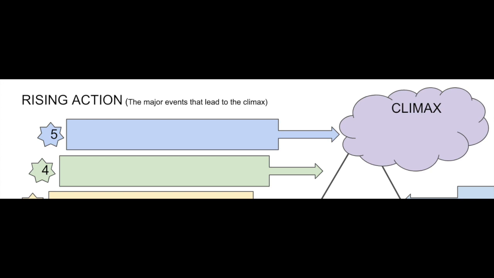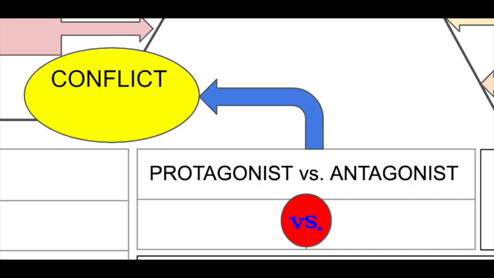Now, all throughout the story, you have central, main conflicts, and those are between the protagonist, as you see at the bottom middle of the page, the protagonist versus the antagonist. Now, your protagonist is your main character, your Ponyboy in this case, and the antagonist can be several things.